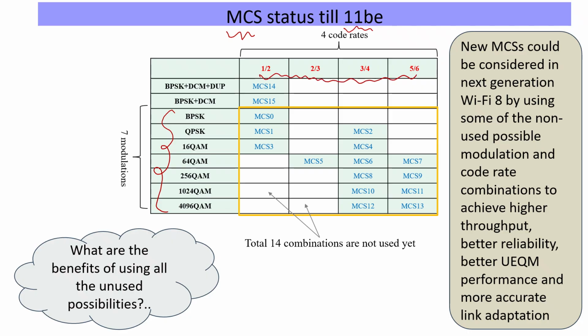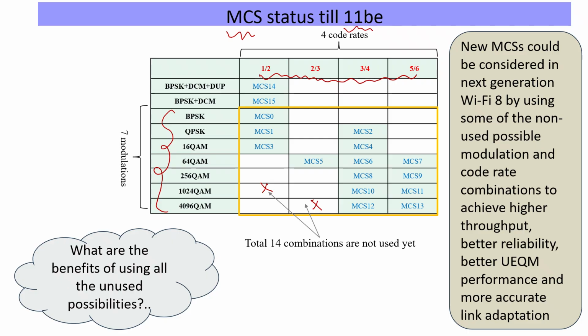Of course, we use LDPC for almost all our transmissions, at least for the data side in the higher generation standards. As you can see, there are gaps where we have not used a combination of a certain modulation and a certain coding. Why was this not done? Could be a question raised.